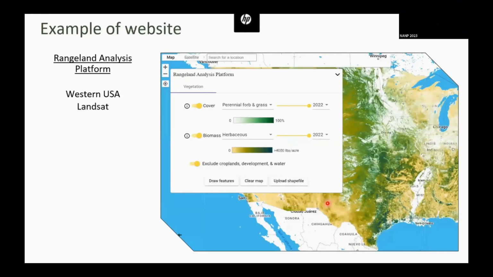So this is an example of a website where we can apply all those data from these models. You can apply in a web, cloud platform, and they can translate this to the forage amount, how much forage you have in an area.